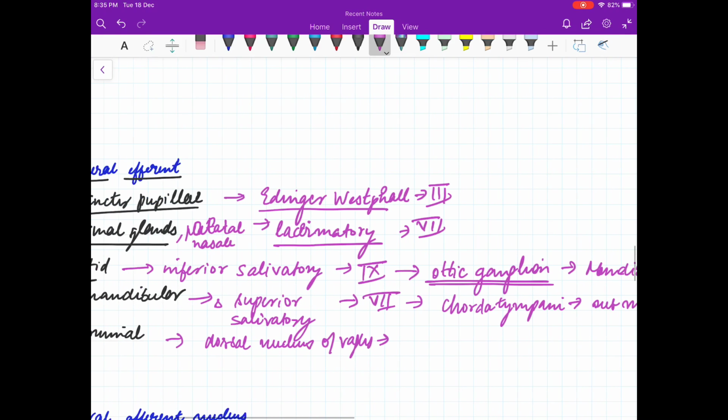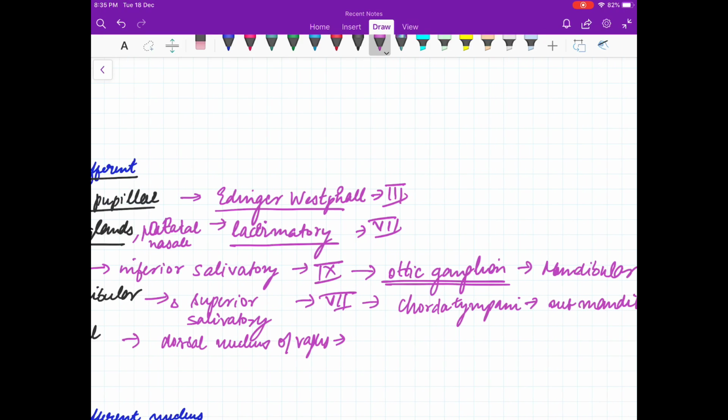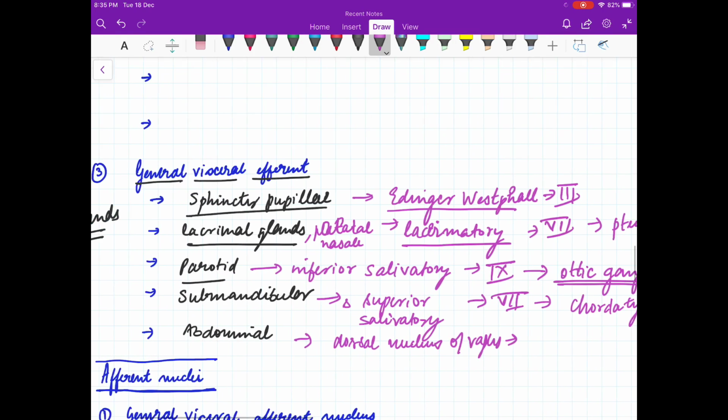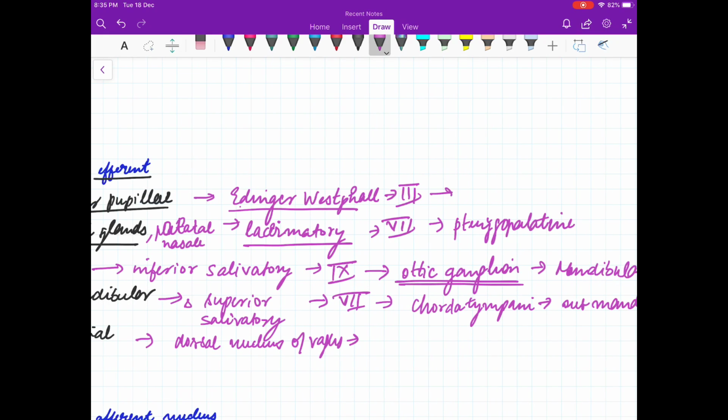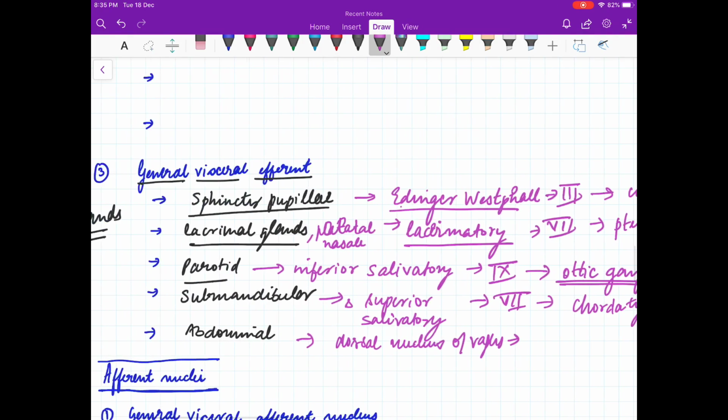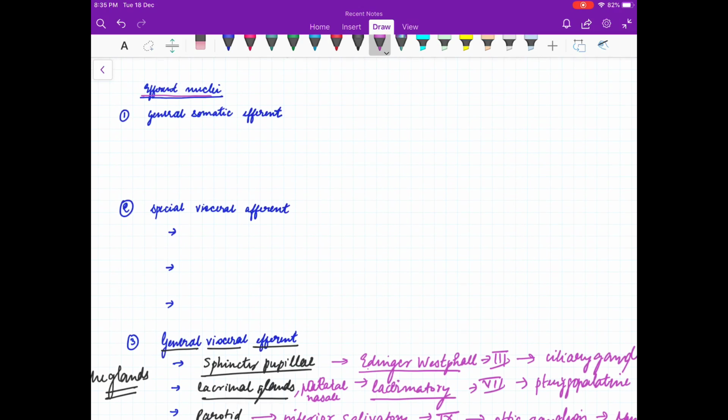The lacrimal glands, palatal glands, and nasal glands are supplied by the pterygopalatine ganglion. And sphincter pupillae is supplied by Edinger-Westphal nucleus through the third nerve by ciliary ganglion. So in brief, we have discussed the ganglions also.